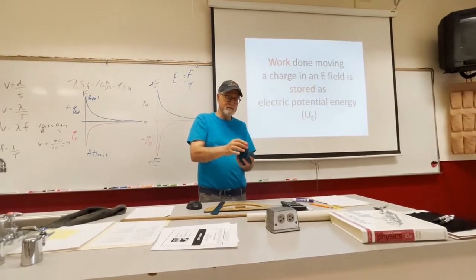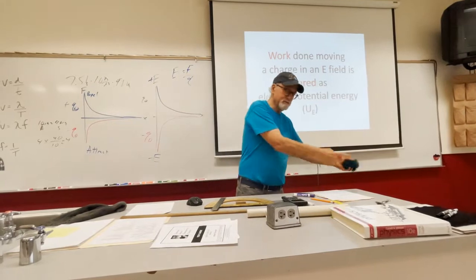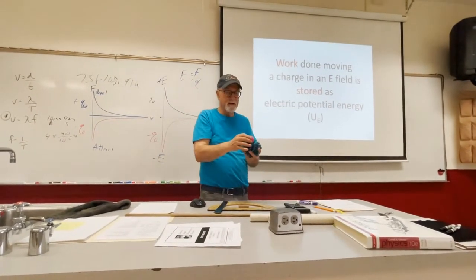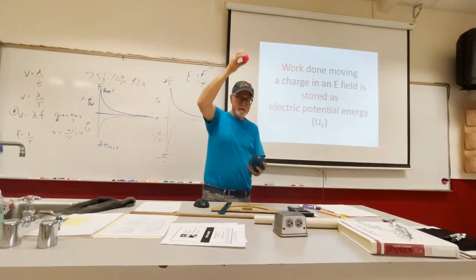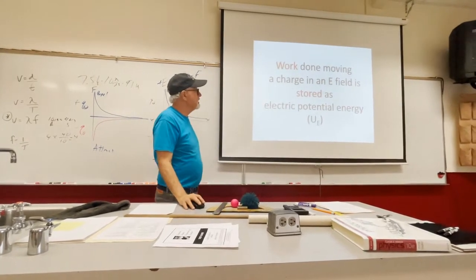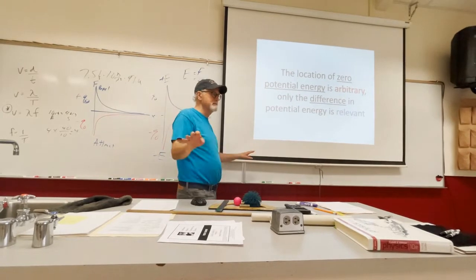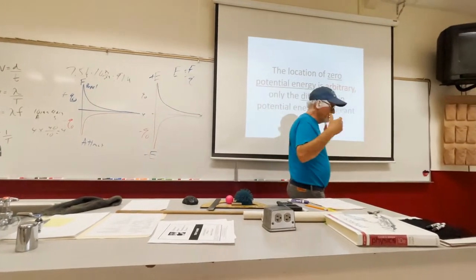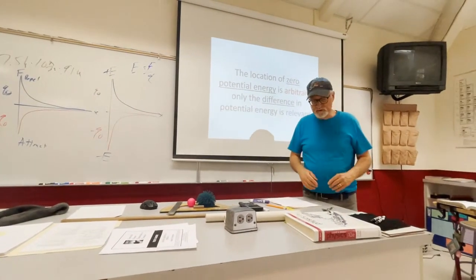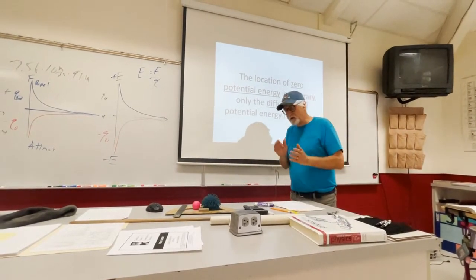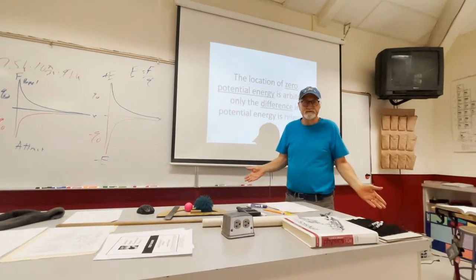So low potential energy is like gravitational potential, a bowling ball close to the floor versus up high, which is higher potential energy. The location of zero potential energy is arbitrary. Kinetic energy is zero if there's no motion, but potential energy is always relative to wherever you say it's zero.